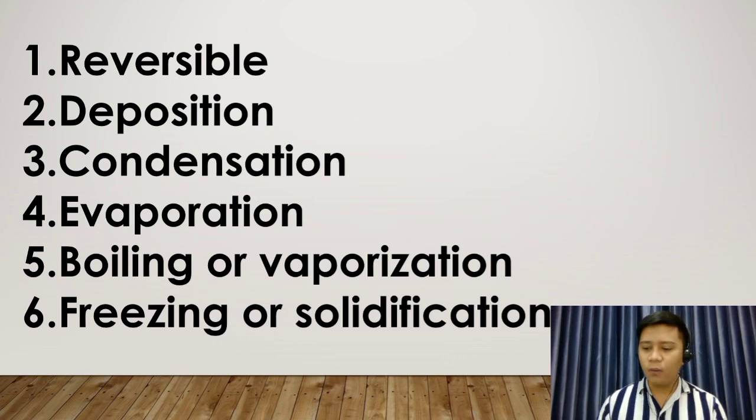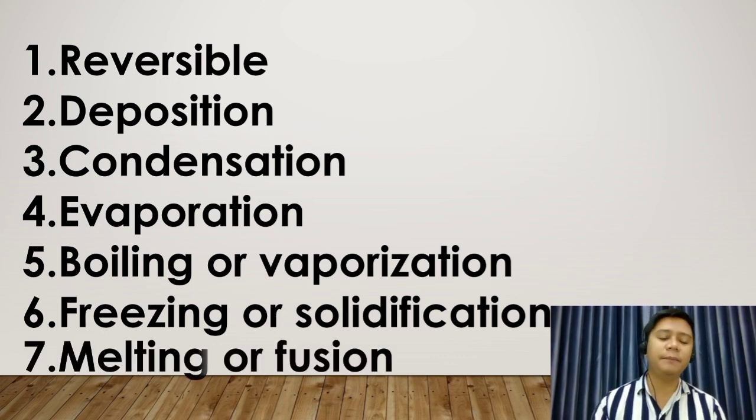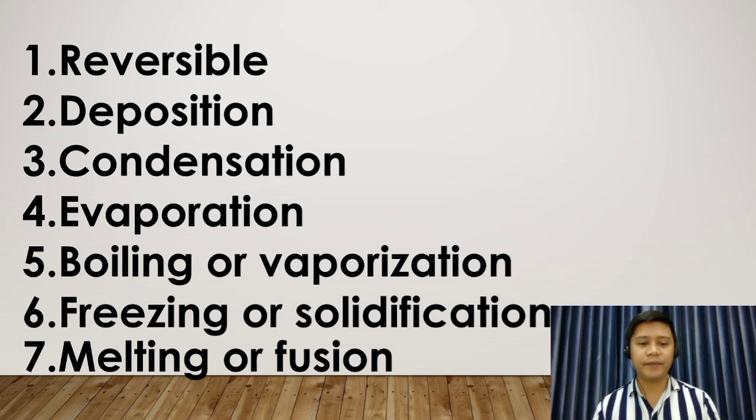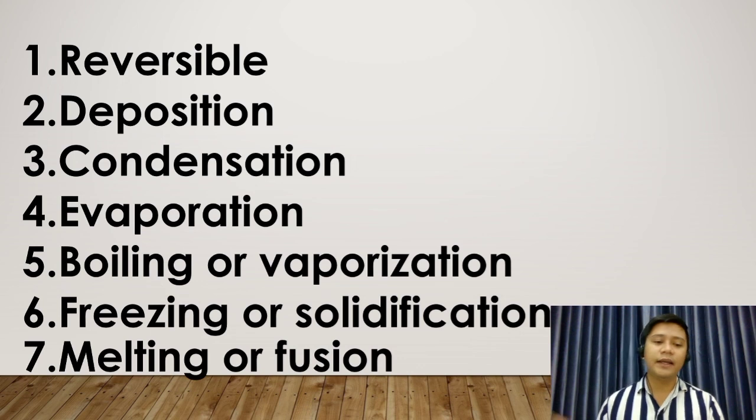And then the last one, the number 7, we have very good. Melting or fusion. You can answer melting only or fusion only. Okay. So melting starts with letter M, E, L, T, I, N, G. Fusion, F, U, S, I, O, N. Okay. Very good.